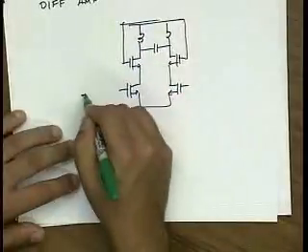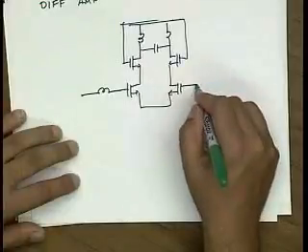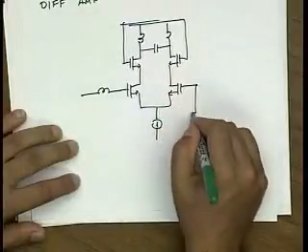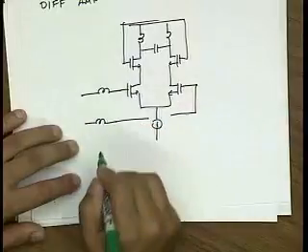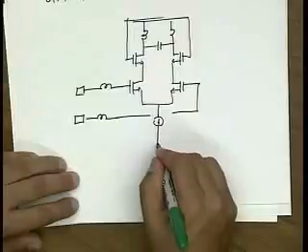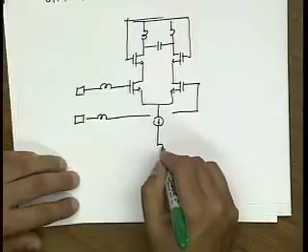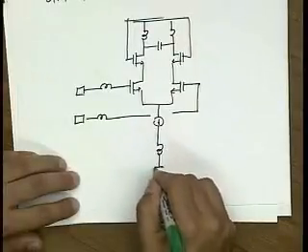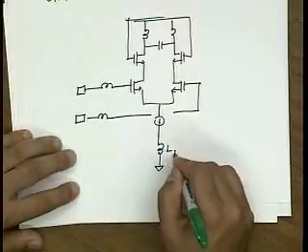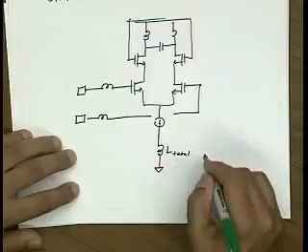And I can use some on-chip inductors for the gate here. And then this is going to come to a couple of pads. And this here goes to ground. So this is the total inductance to ground.